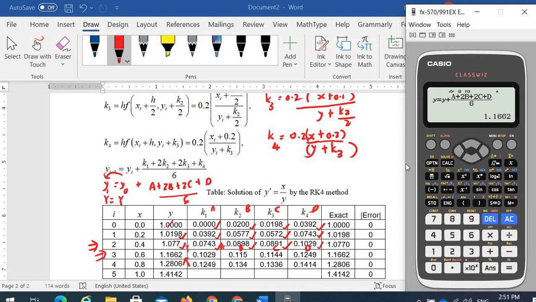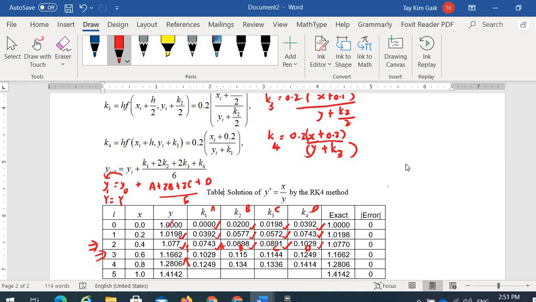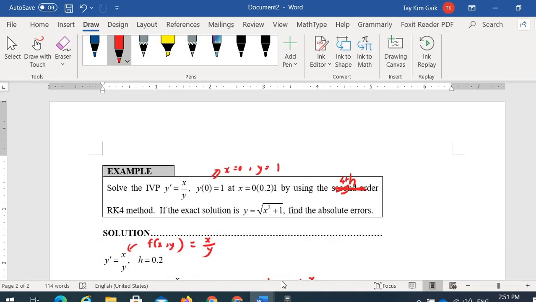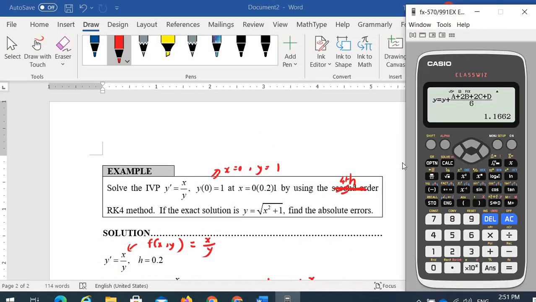And then to get the exact solution, you may use the table mode to tabulate it quickly because we have a starting point, ending point, and consistent increment. You can go to table, number 9, the function.